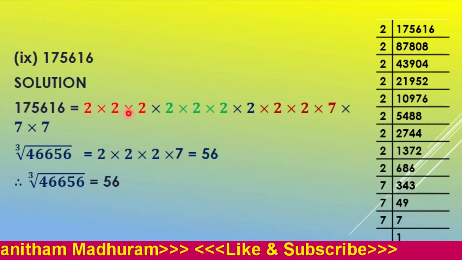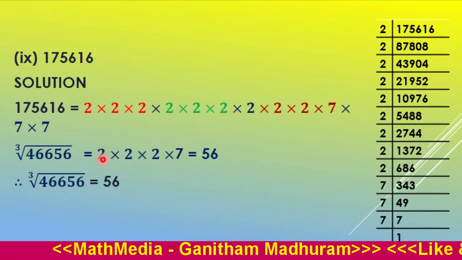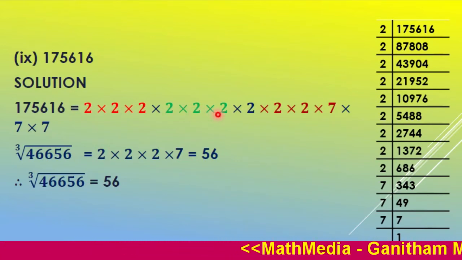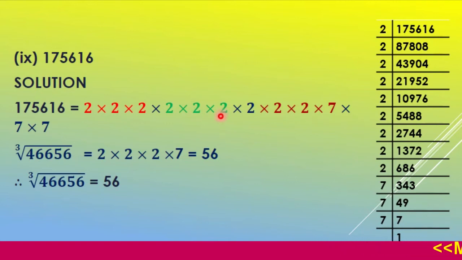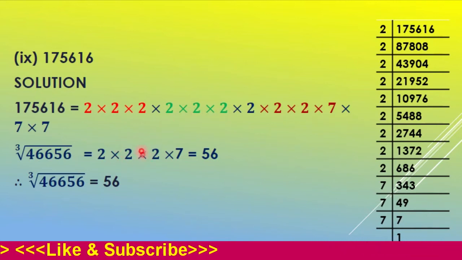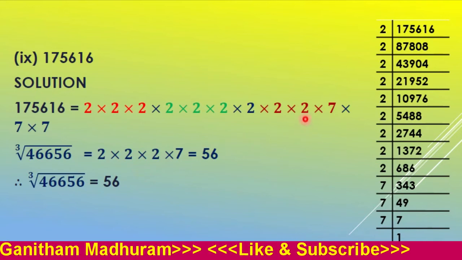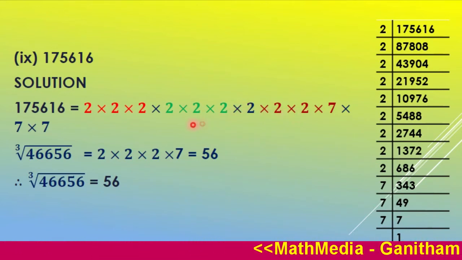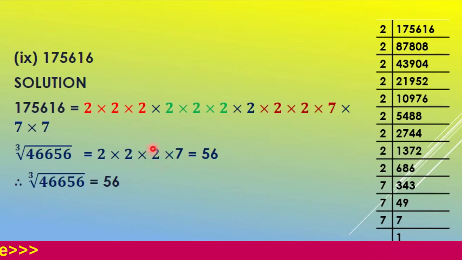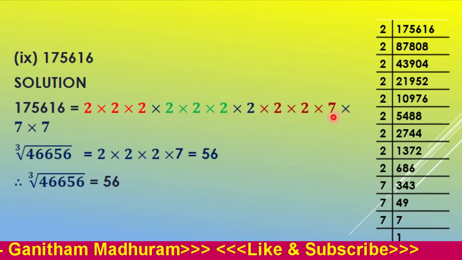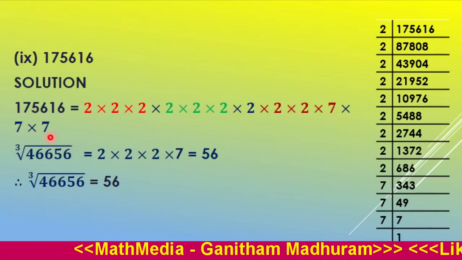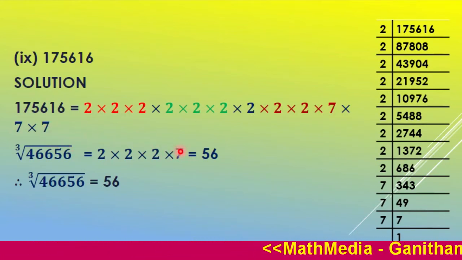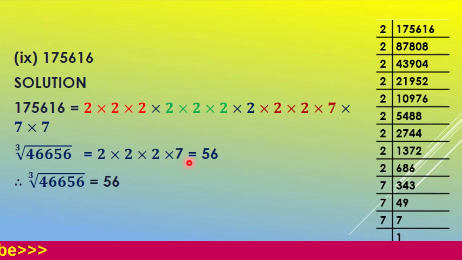And the next step is, from each group we can take one number to get the cube root. So from the first group I am getting 2. Second group is also formed with the number 2 only. So from there I am getting one more 2. And the third group I am getting with the number 2 only. So from there also I am getting 2. And the last group is formed with the number 7. Hence from there I am getting one number as 7.